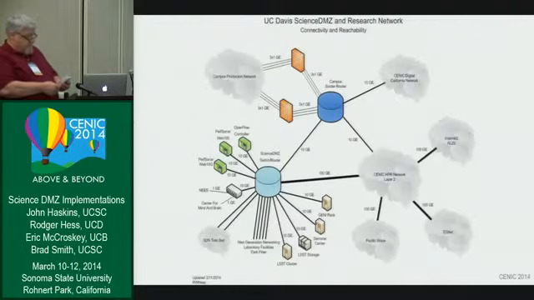That 100 gig uplink carries one VLAN for the layer 3 traffic for the big data users. It has a few VLANs for layer 2 connections, and it also has a scad of VLANs as OpenFlow resources, including GENI.